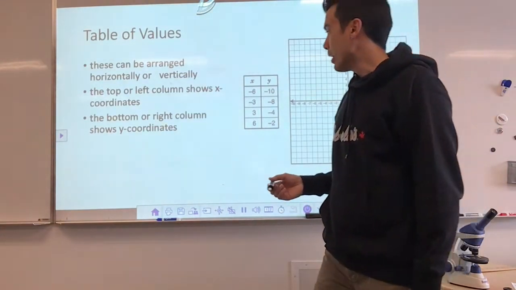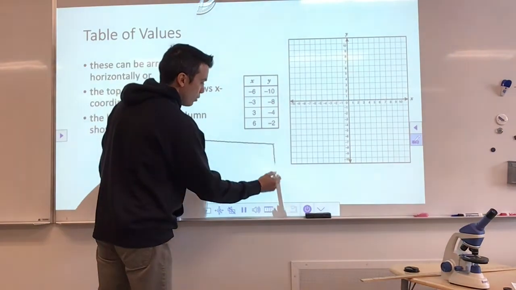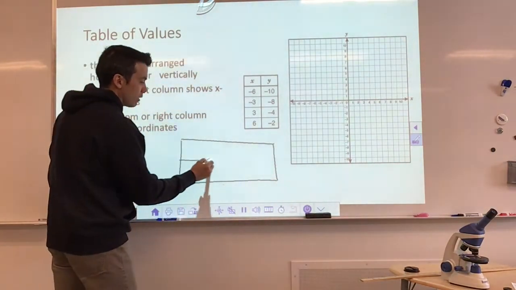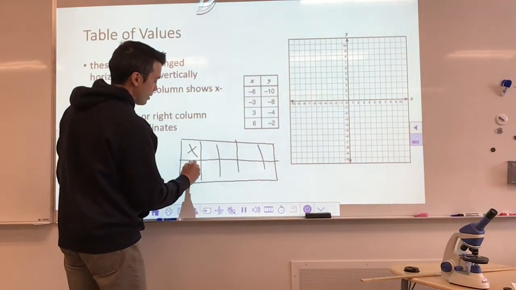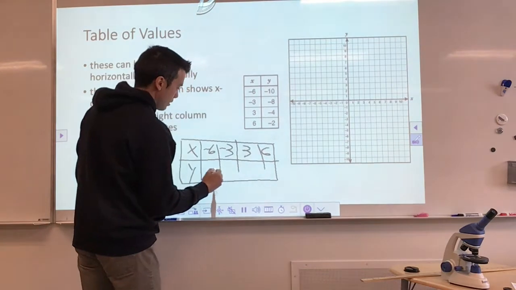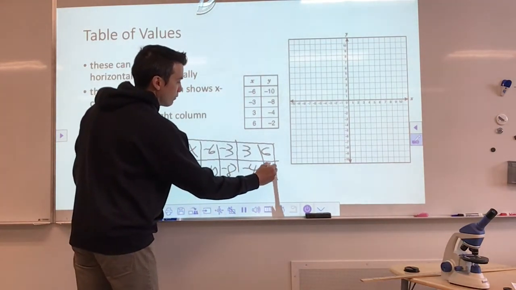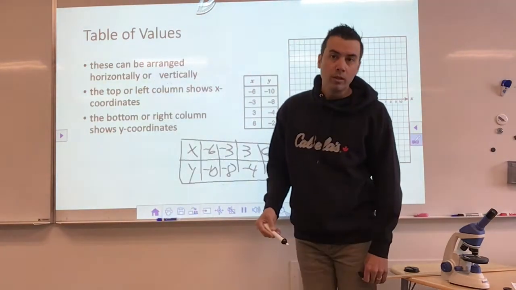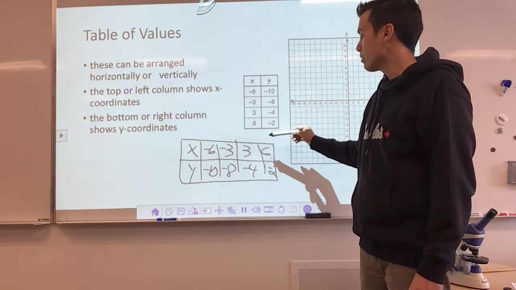There is another way of showing a table of values that you might run into as well. So instead of columns, it can also be in rows. So I could have x here, y, and then -6, -3, 3, 6, -10, -8, -4, -2. So this is another way of doing a table of values as well.